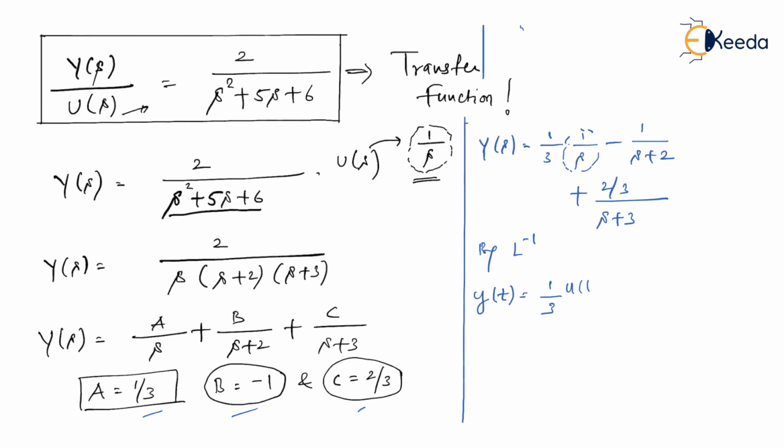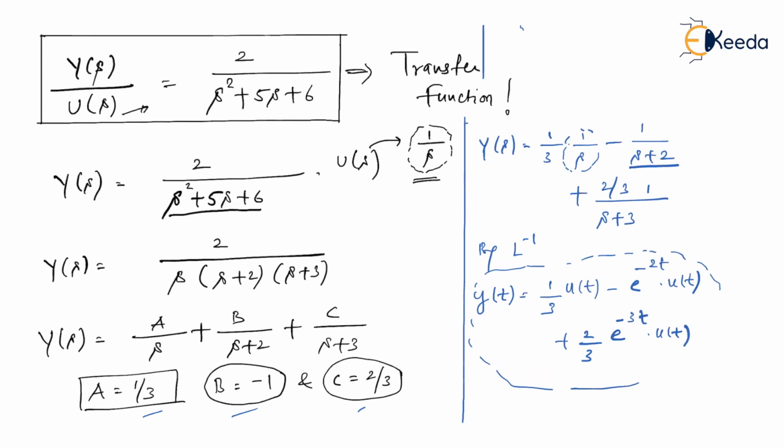Laplace inverse of 1 by s is simply u of t, minus, for 1 upon s plus 2, it would be e to the power of minus 2t times u of t, plus 2 by 3 constant, and for 1 upon s plus 3, it would be e to the power of minus 3t times u of t. So this is your y of t, that is nothing but output, what they are asking you for. I'm sure you have understood all the problems. Thank you.